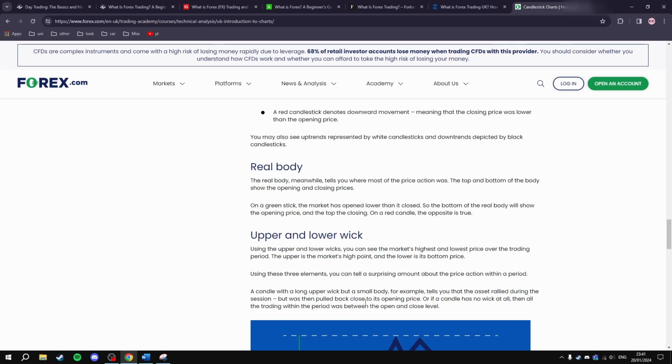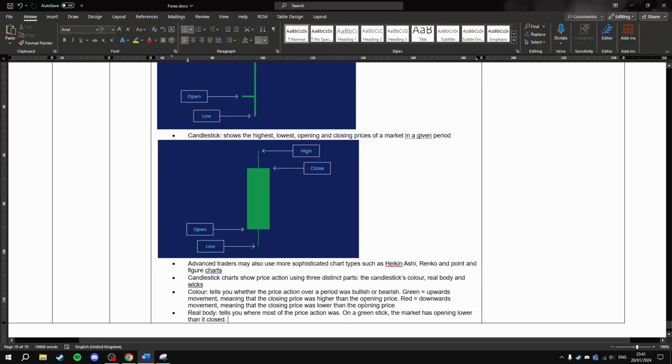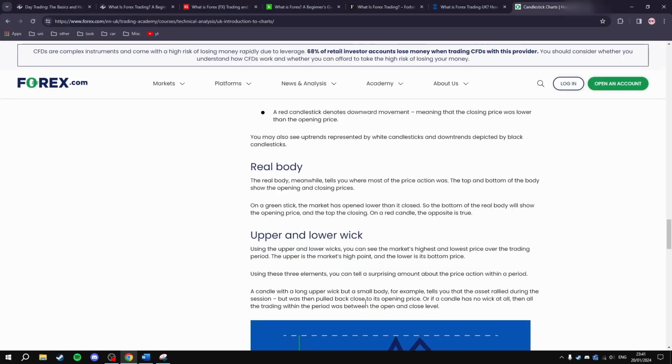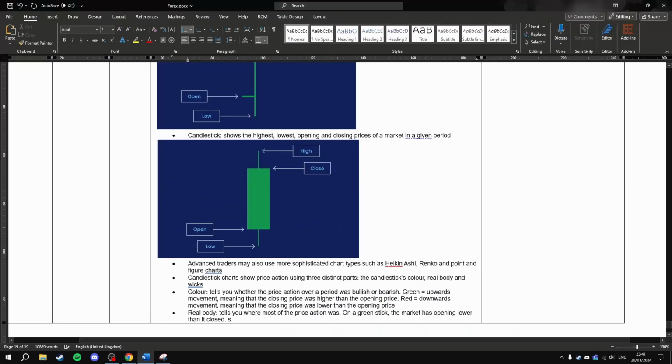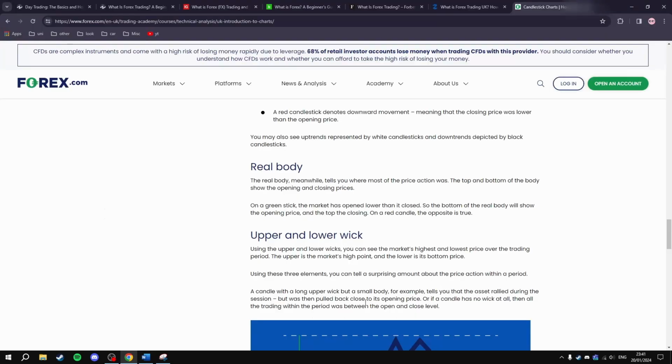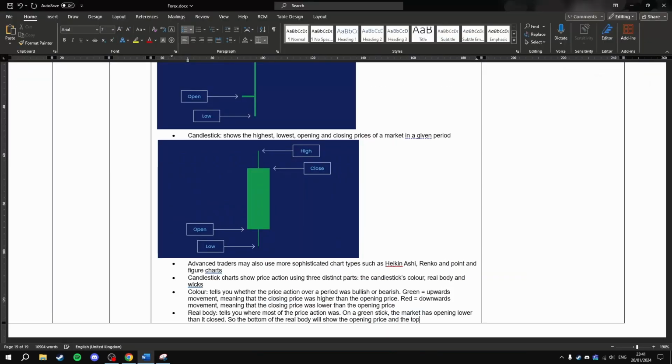So on a green stick, the market has opened lower than it has closed, because the closing was higher than the opening. So the bottom of the real body will show the opening price and the top the closing.